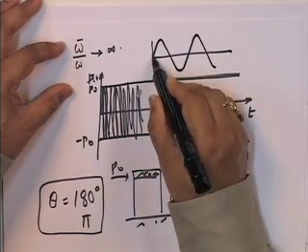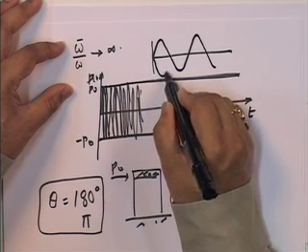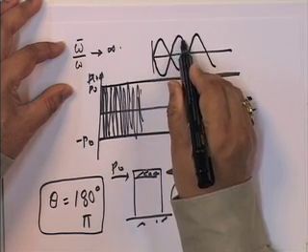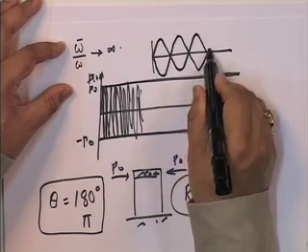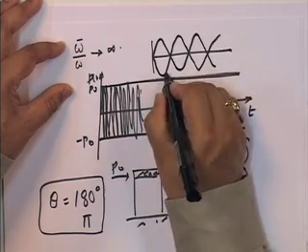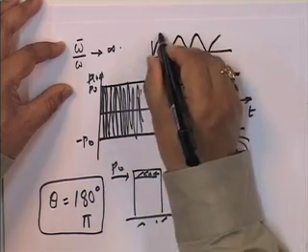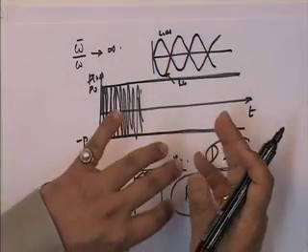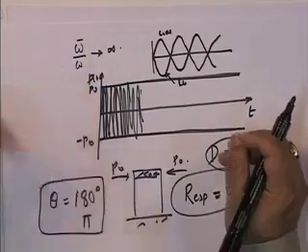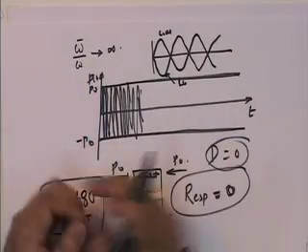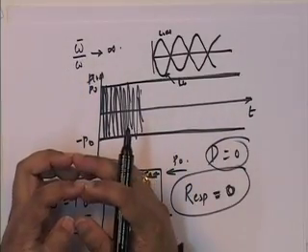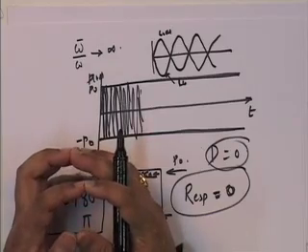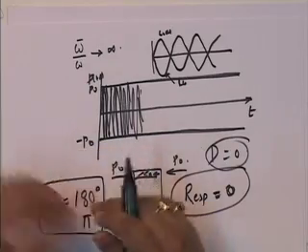The response goes like this. Interesting, isn't it? Response, load. The response is completely out of phase with the load. Okay. Why is that? What's happening?